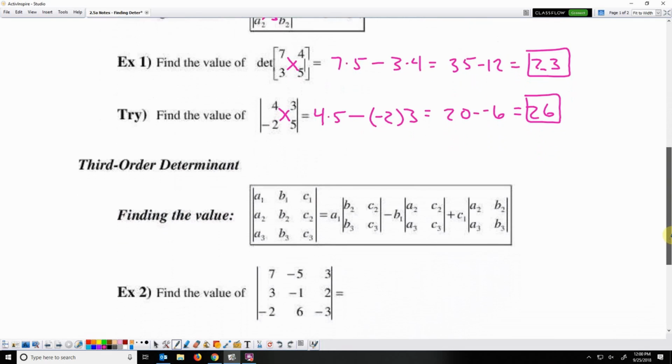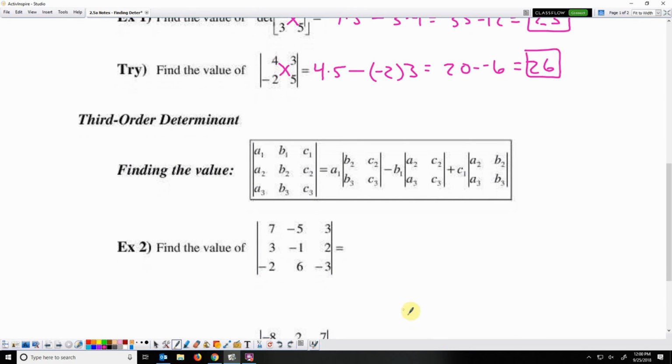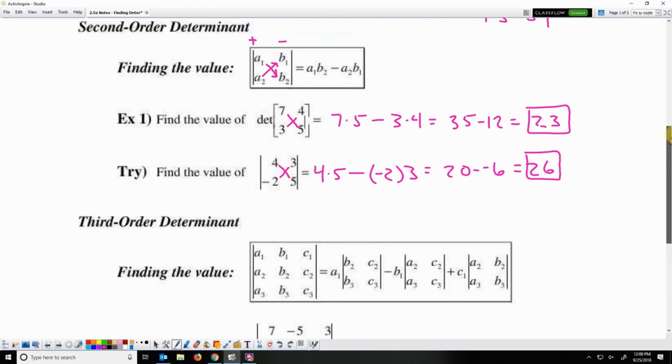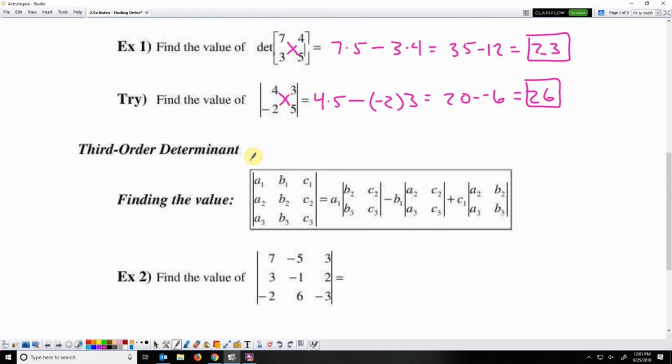Okay, we'll do a third order, and this is the highest one that we'll do. This one's a little bit more complicated. So we still follow that pattern of positive, negative, but there's a third column now: positive, negative, positive. So what we do first is take the first element in the top row multiplied by the determinant from the matrix in the next 2 rows.